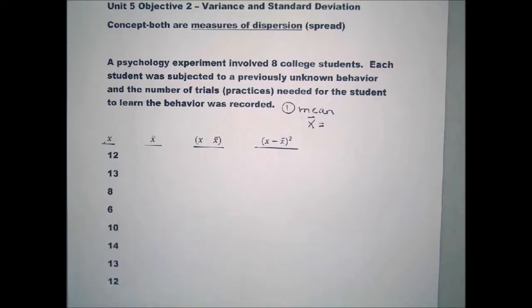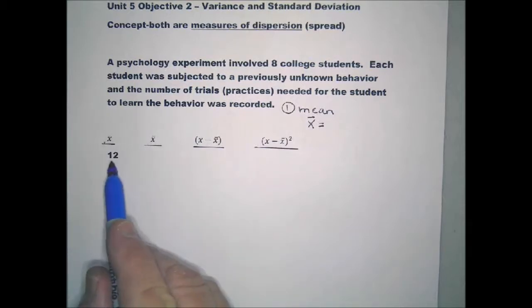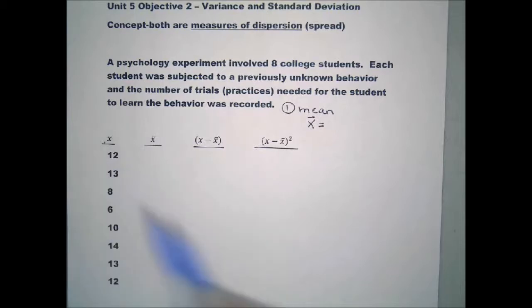So, for instance, this first piece of data means the first student had to practice the behavior 12 times before he or she learned it. And here's the data representing all 8 students that were in the experiment.